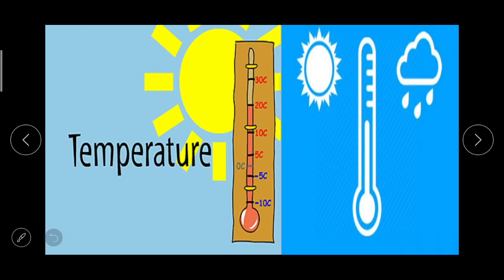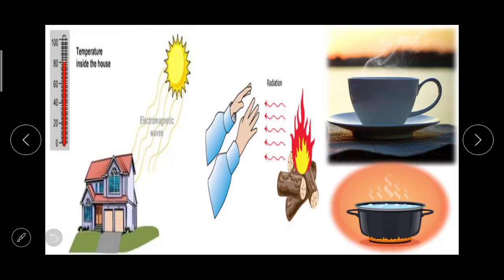Now in this topic we are going to talk about temperature, and here on the screen as you can see the pictures, where you can easily understand that these pictures are nothing but the things which are showing the temperature. For example, this cup of tea or coffee, and this, by this we can understand the temperature.